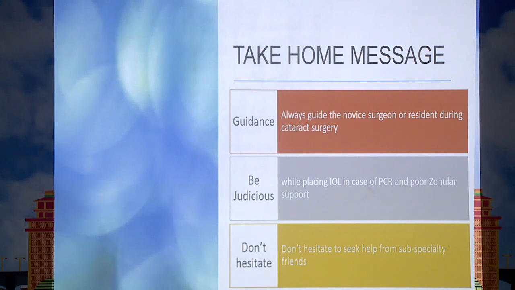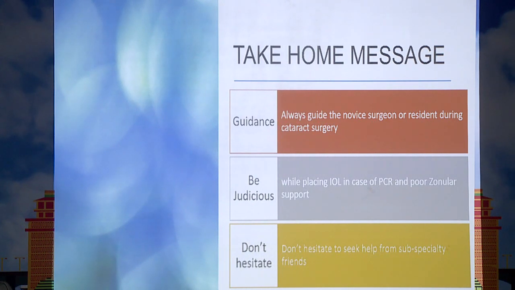We are the seniors, so we should always stand near our trainees or students, so that if this is happening, we can intervene. Sometimes people are not bothered whether there is a little bit or a big zonulolysis. They are putting the IOL and it is going on.